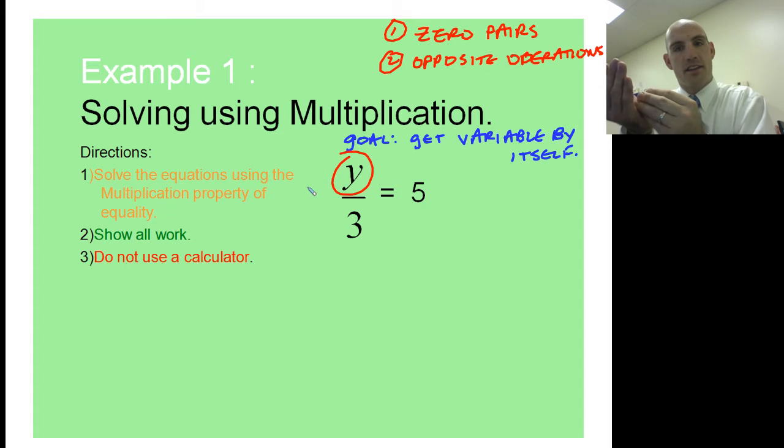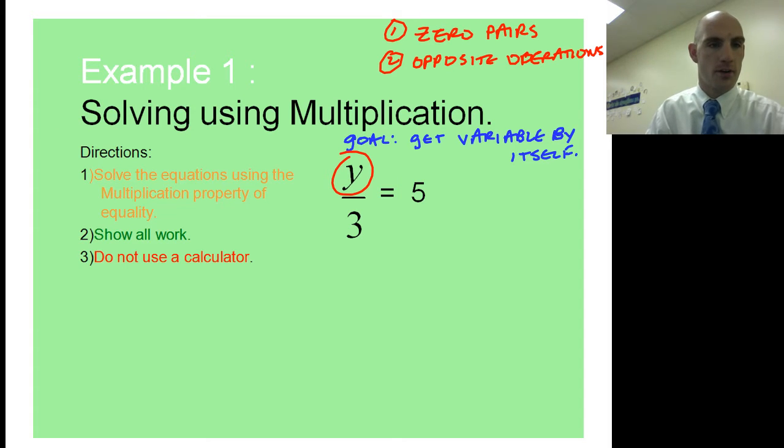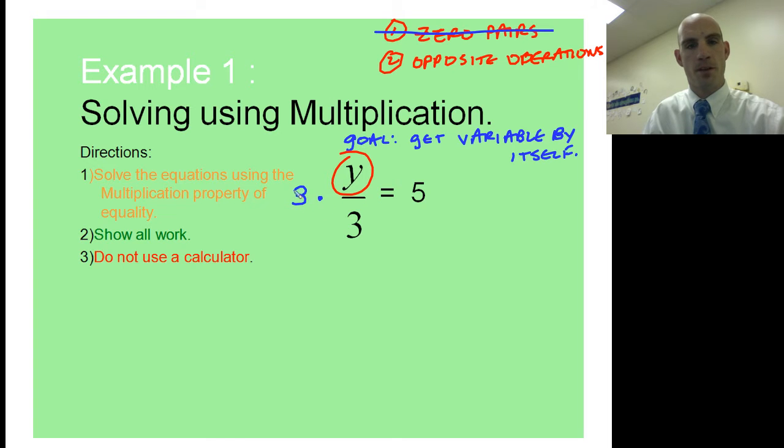Well, we're not adding anything, which would be the 0 pairs, and so I'm really not going to do this on this problem. Later I will, but I'm not going to do it here. And so I need to do opposite operations. Well, I want to multiply by 3 because that undoes division.